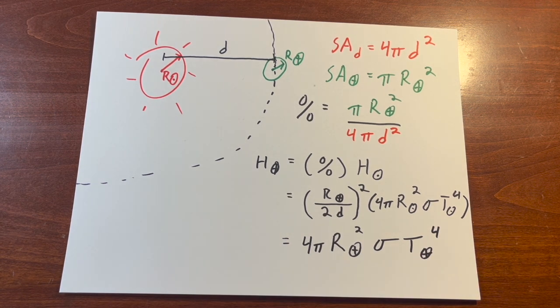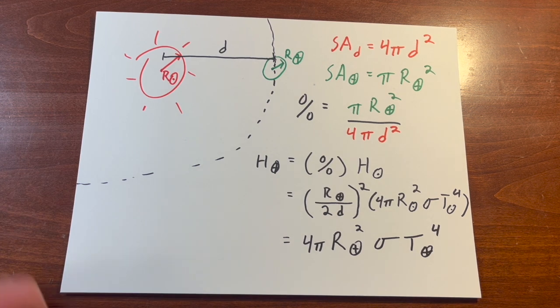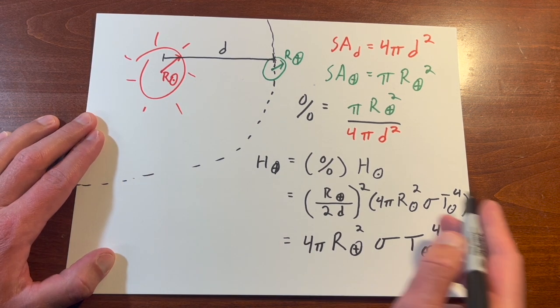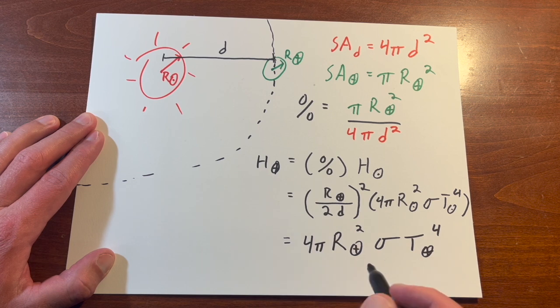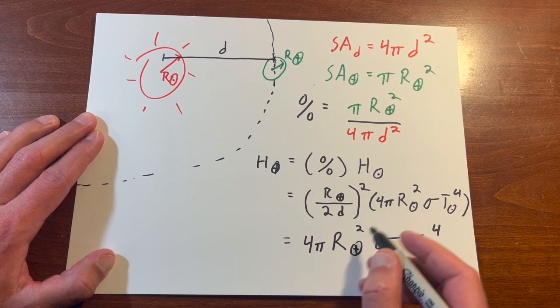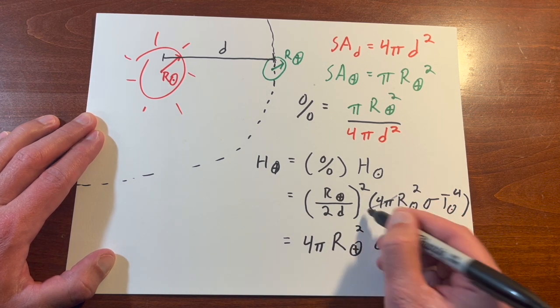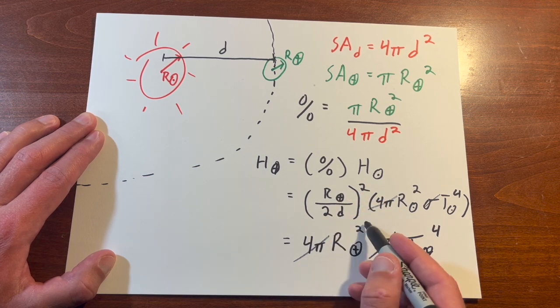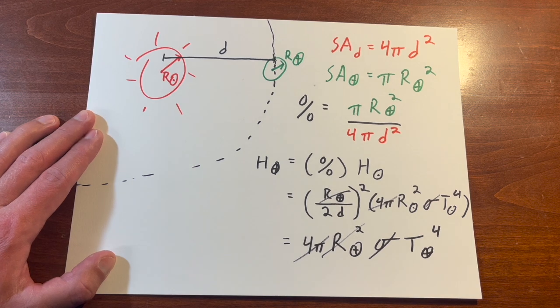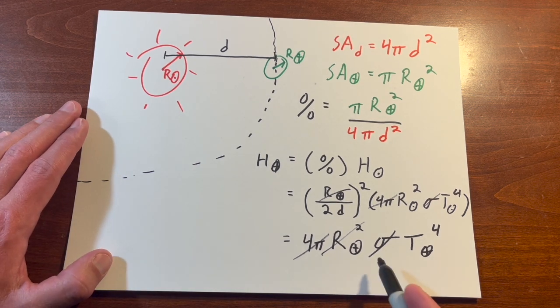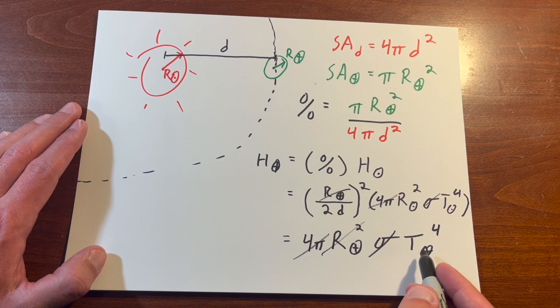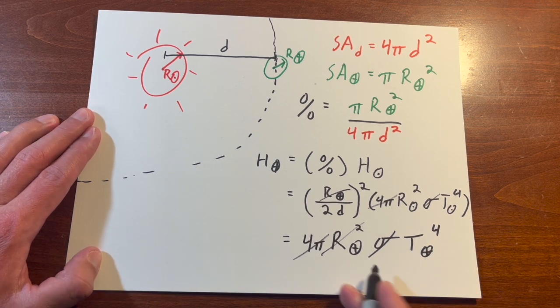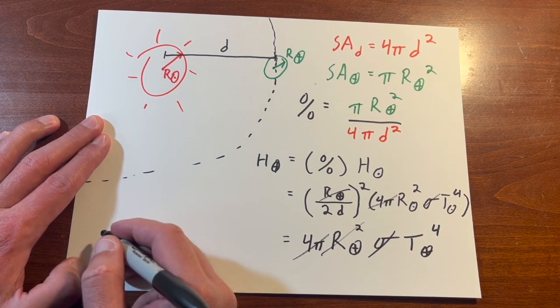And this is what I promised we would solve for, temperature of the Earth here. So let's deal with this equation. For one thing, we have a 4 pi both sides, so we can cancel that out. What else do we have? We have Stefan-Boltzmann constant that can cancel out on both sides. We have a radius of the Earth squared, which we can cancel out. All right, so quite a bit has canceled here, and actually we're just left with temperature over on this side to the 4th power, of course.